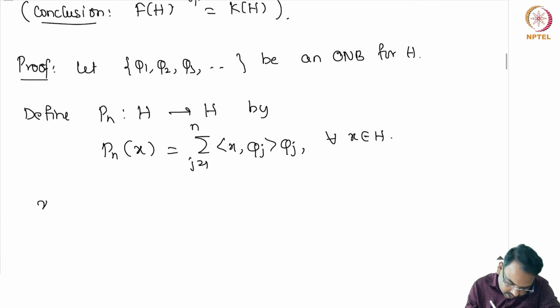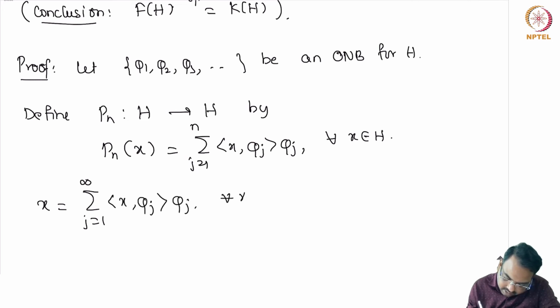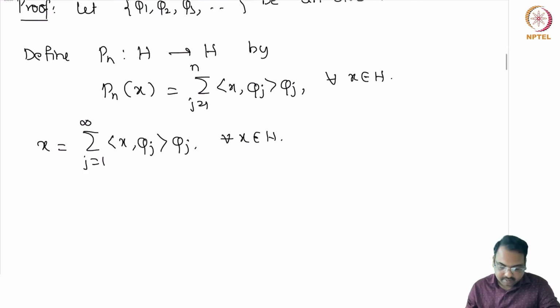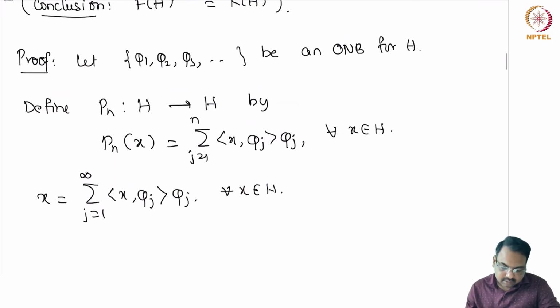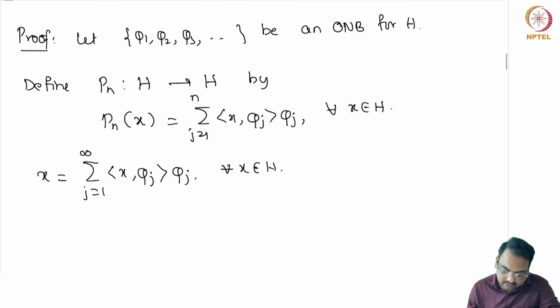Here x can be written as summation j equal to 1 to infinity of inner product x, phi j times phi j, for every x in H, because phi 1, phi 2, phi 3, and so on is an orthonormal basis for H. Every element in the Hilbert space can be written in this way.